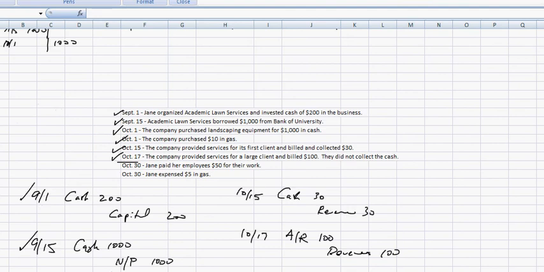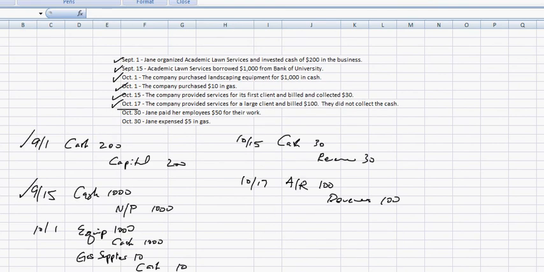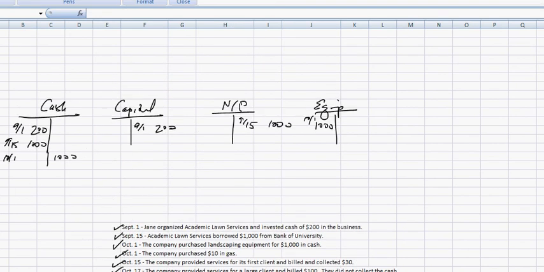We also on 10/1 got gas supplies and cash. We used up $10 in cash, so it's a credit, and we have a new T account here. Since it's a supply, it's an asset, $10.